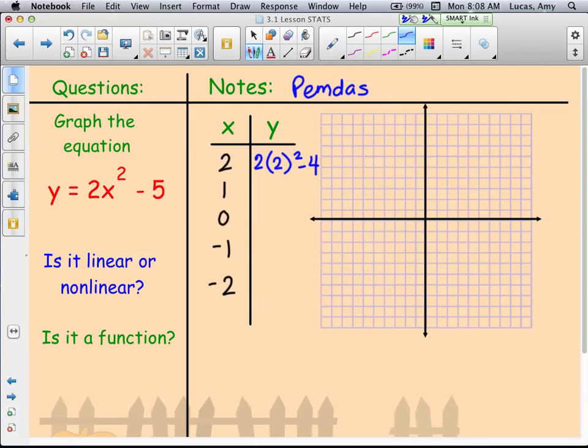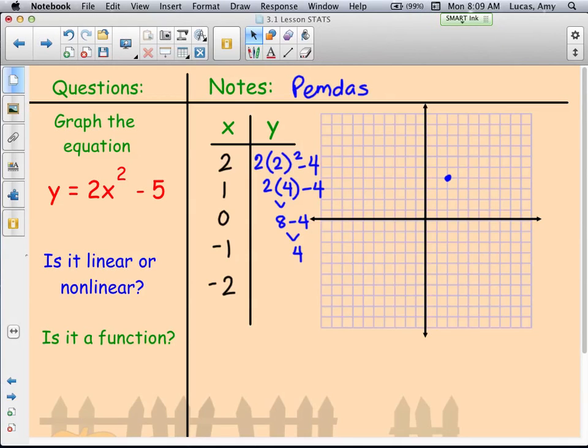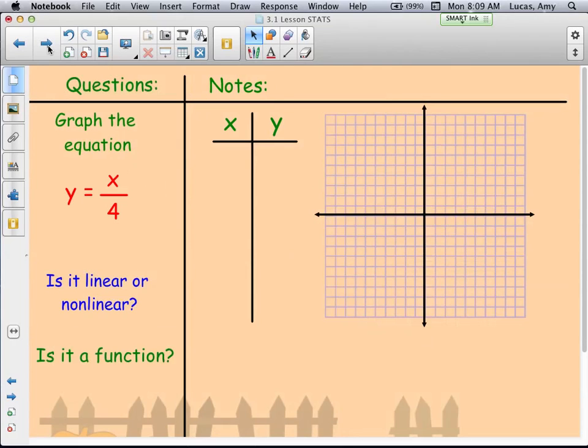So on this problem, I actually have to do the 2 squared, which is 4, and then multiply, which is 8. So 8 minus 4 is 4. So (2, 4) would be my first point. Plug in the next one, just like that. Just make sure that you follow the order of operations, and you should be able to finish this problem. The next one, x.